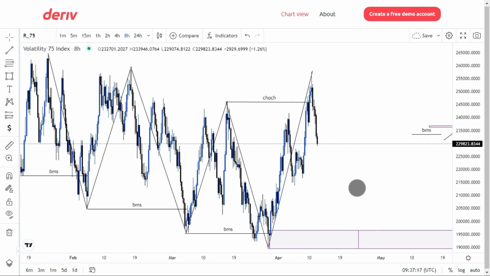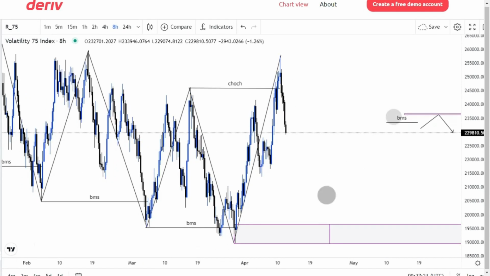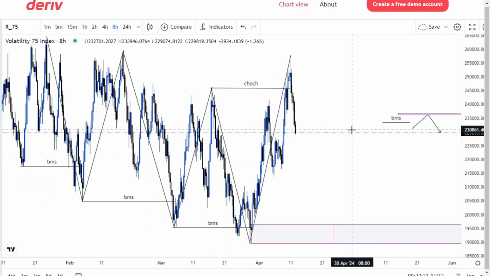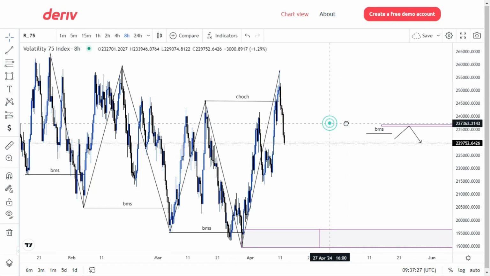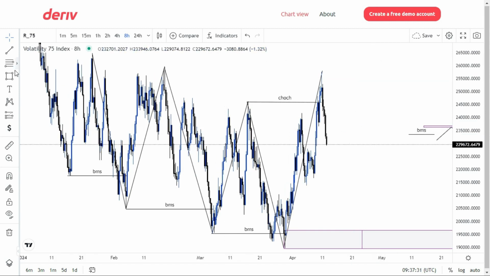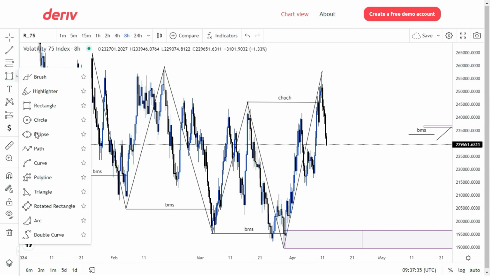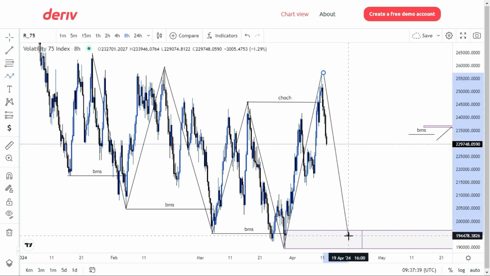So I'm expecting our price to correct. This is a corrective move, remember, to correct back to these zones, then we'll continue in the upward direction like that. So after a CHoCH, if my price is going to break this high now, this high will be referred to as our new BMS and we'll continue in the upward direction.